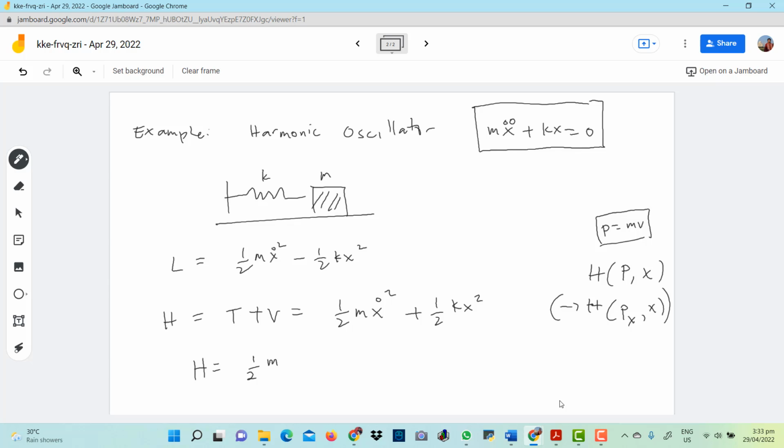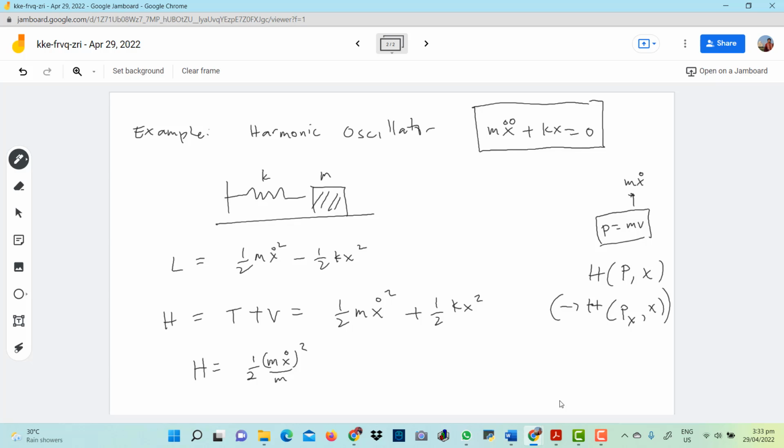So we can rewrite 1 half mx dot squared as 1 half times the quantity mx dot squared over m, since an extra m is left in the denominator.